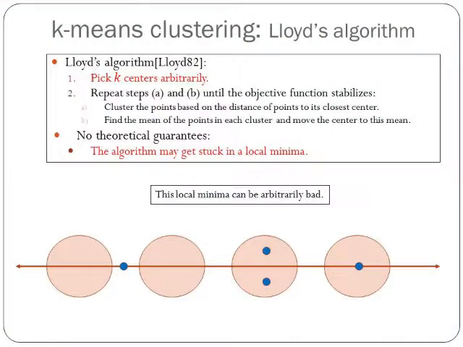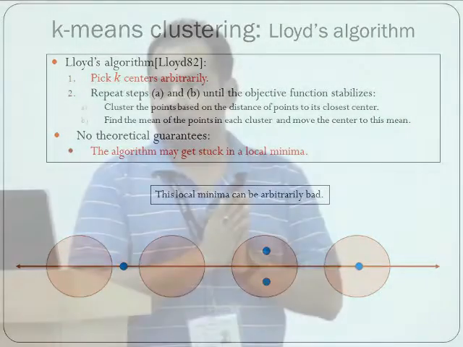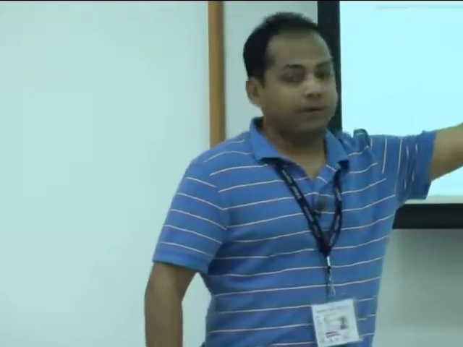If you do that, the algorithm is going to get stuck in a local minimum. This might be what Lloyd's algorithm gets stuck in, and the quality of the solution could be arbitrarily bad compared to the optimal. For the optimal, we know we should pick the center point in each of these 4 clusters.